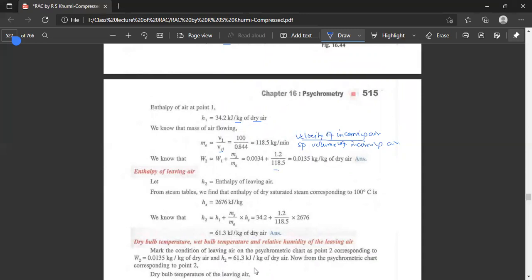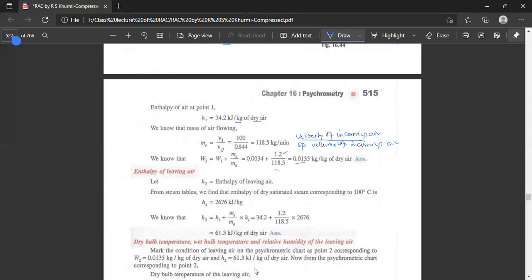The steam is given as 1.2 kg per minute, and W1 is also available here. So W2, the specific humidity of air at the point of leaving, is given as 0.01345 kg per kg of dry air, which is for the outgoing air.